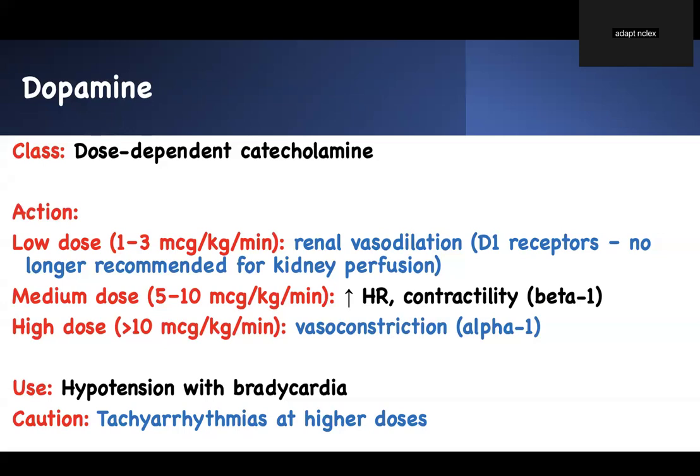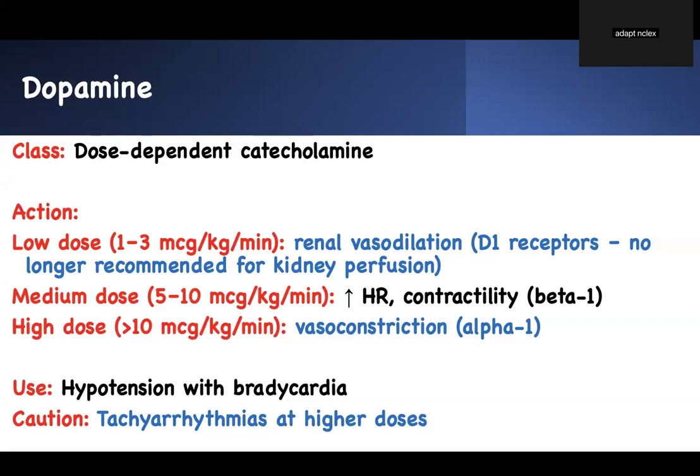That is why it improves your systemic vascular resistance, and it helps with your what? Blood pressure. So a low or medium dose of dopamine does not improve your blood pressure. They cause tachycardia, or renal perfusion if it's 1 to 3. But if it's greater than 10, it's going to increase blood pressure because of vasoconstriction.